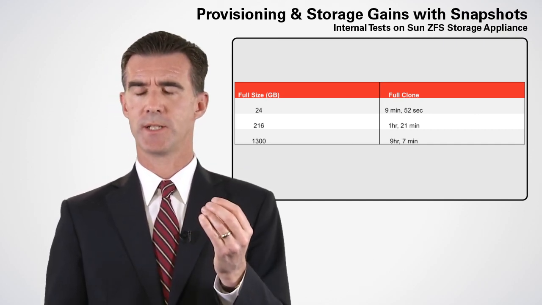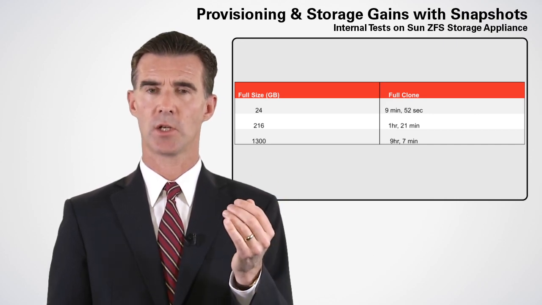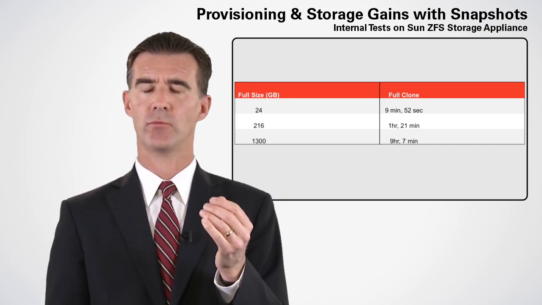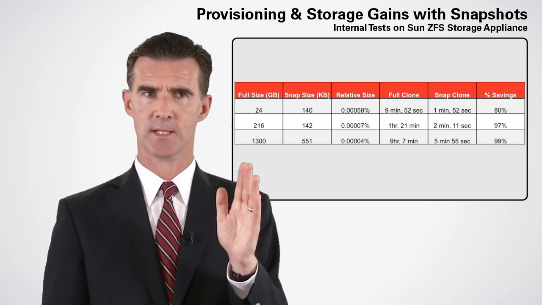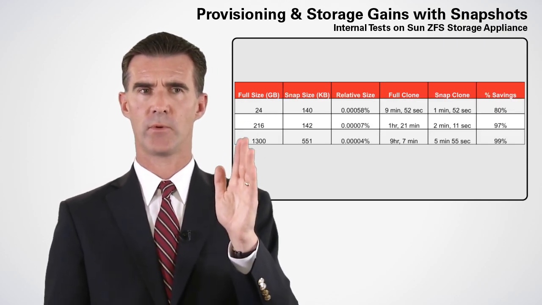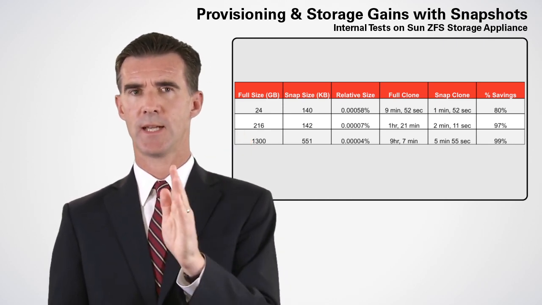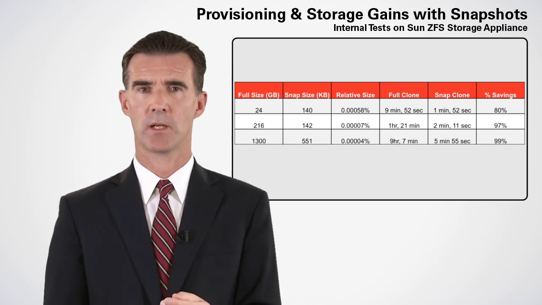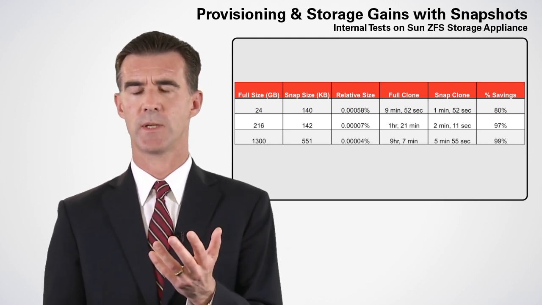Now, this is what we call a standard full clone. What we also have in Multitenant is what we call a snapshot clone. A snapshot clone takes advantage of copy on write capabilities, and it really is quite dramatic. Have a look at some of these numbers. Same sizes of databases, but if we look now at the 1.3 terabyte database, the time taken in the fifth column there to do the snap clone has moved down from a little over 9 hours to just about 6 minutes.